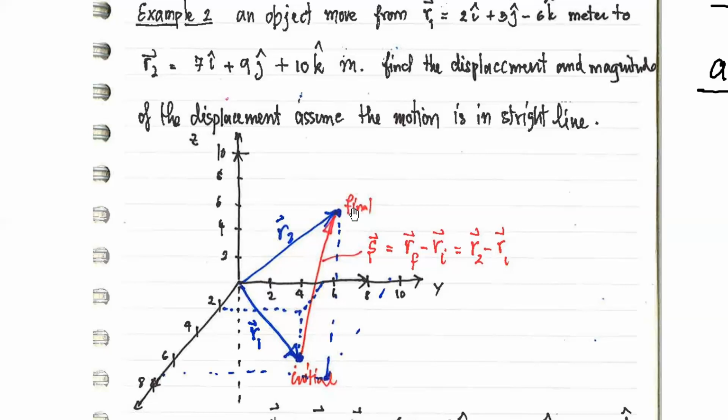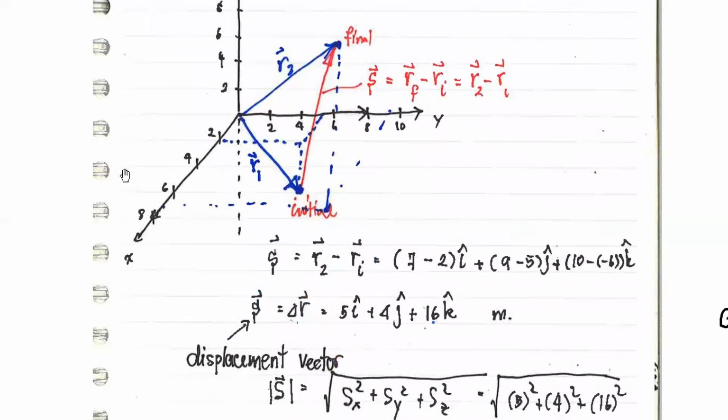So the displacement is the vector from the initial point to the final point. So we draw the displacement vector S equal to Rf minus Ri, so R2 minus R1. All you have to do is a subtraction between two vectors in rectangular coordinates. So S equals R2 minus R1. So it's 7 minus 2 i plus 9 minus 5 j and plus 10 minus minus 6 k.